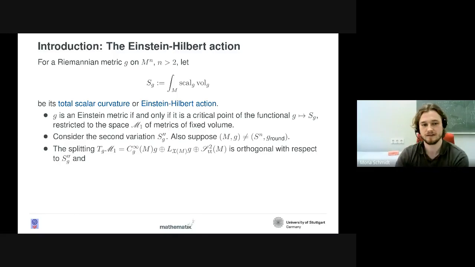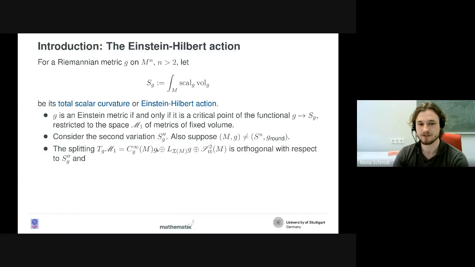We can split the formal tangent space of this space of metrics. M1 is the space of metrics of fixed volume, and its tangent space is the space of all symmetric two-tensors given by first variations of curves that lie in this space. We have the splitting, and it is orthogonal with respect to the second variation.